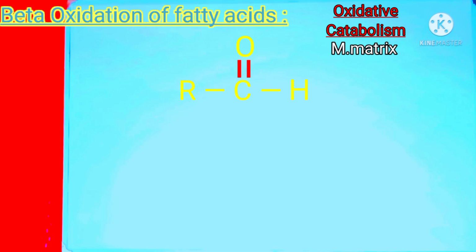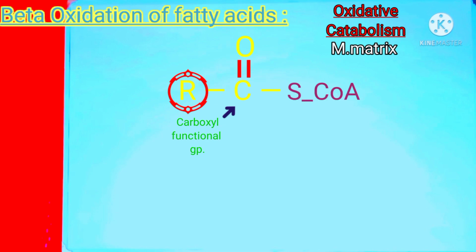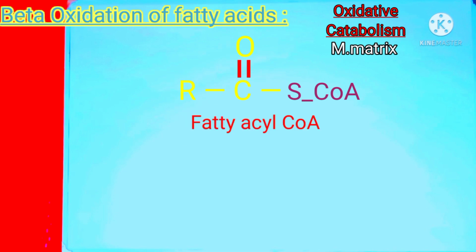Students, this is the basic formula of a fatty acid, in which a side chain is attached to a carboxyl functional group. If we detach a hydrogen atom from this compound and attach a coenzyme A group to it, this becomes a fatty acyl CoA.